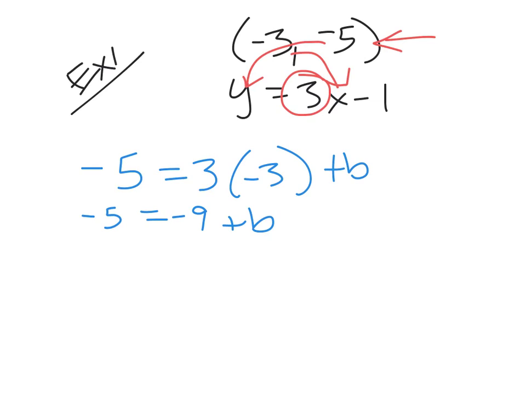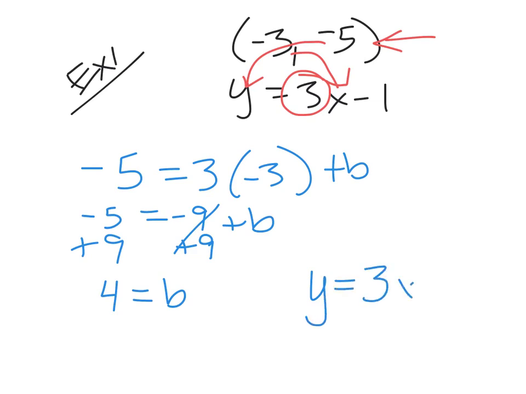How do I move the 9? Plus 9. What's -5 plus 9? +4. So my new y-intercept is +4. What they are asking for is the equation of the new line. So I start over again and say y equals 3x, because they have the same slope since they're parallel, and then I just put in my new y-intercept.